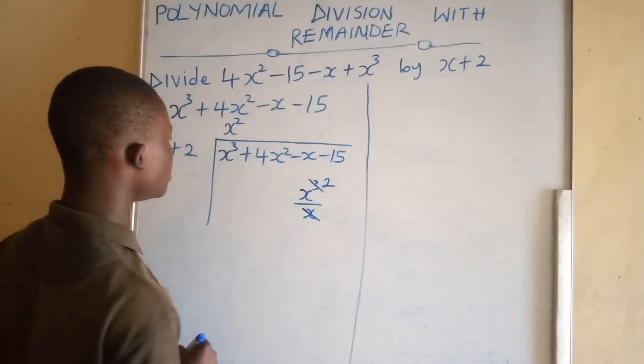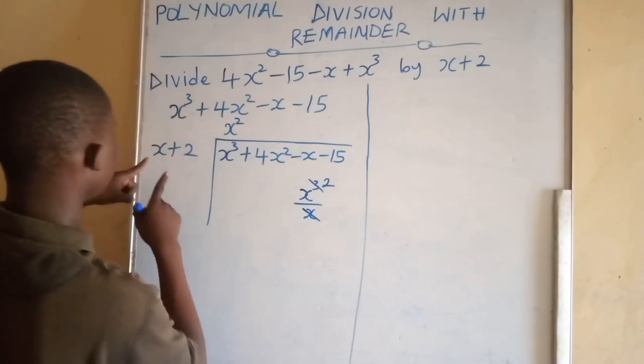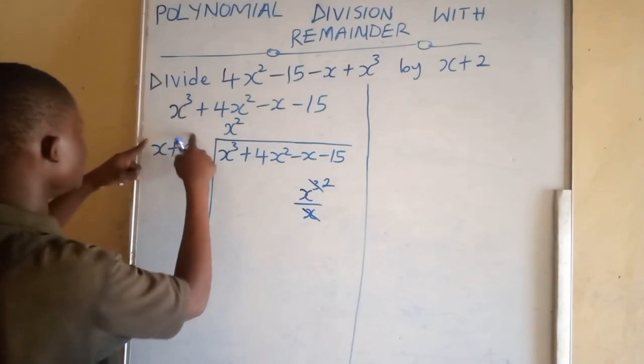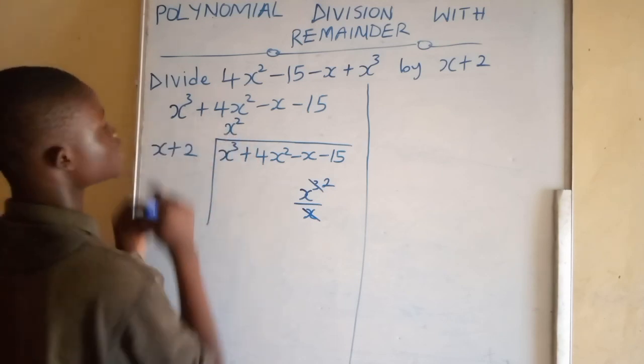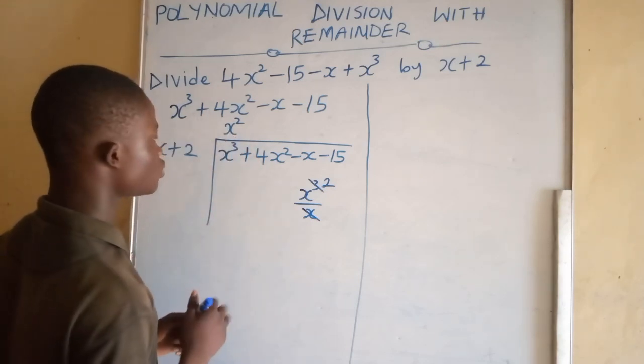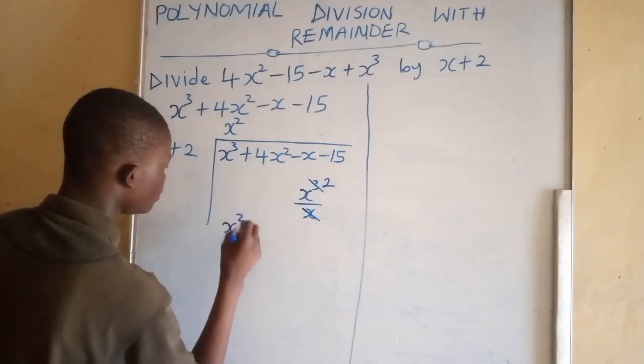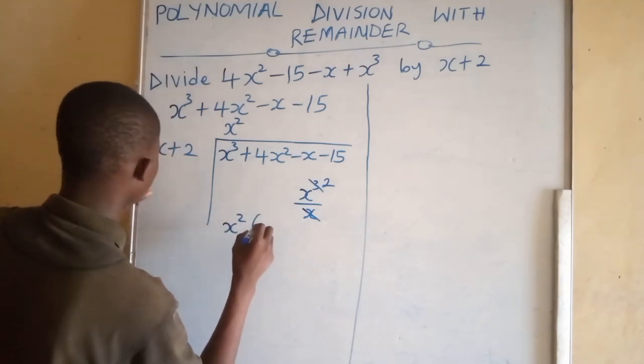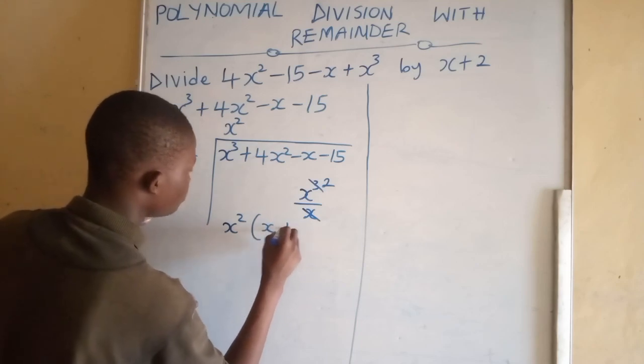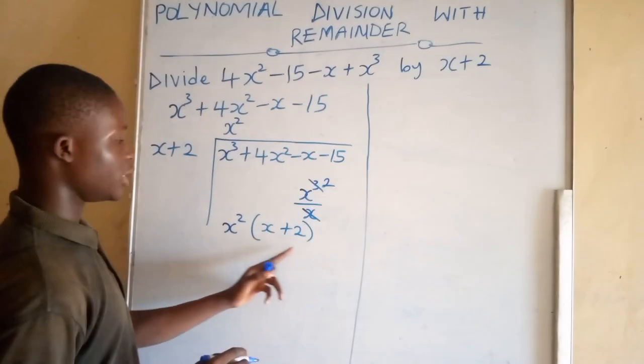The next step is to multiply everything here with this. Let's look at it again. This is what I mean.